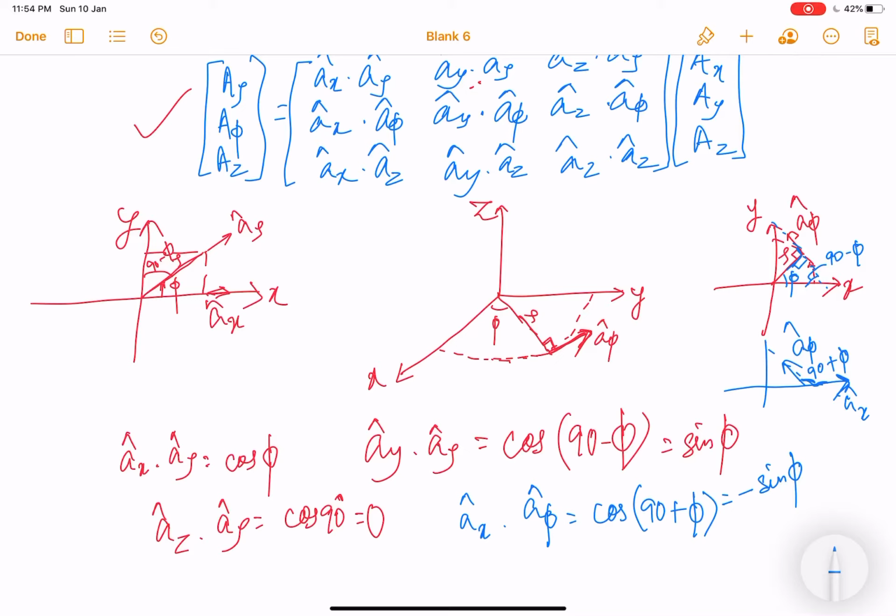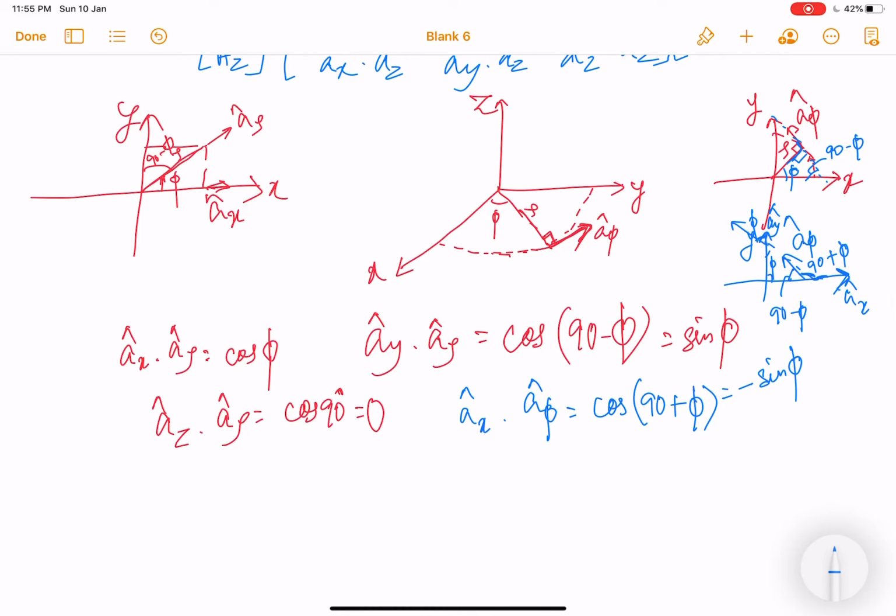So what should I do for that? This is my ay cap direction, and I know this angle is 90 degrees and this angle is 90 minus phi, so this angle is phi. Let me write it down again, as I'm writing it clumsily.